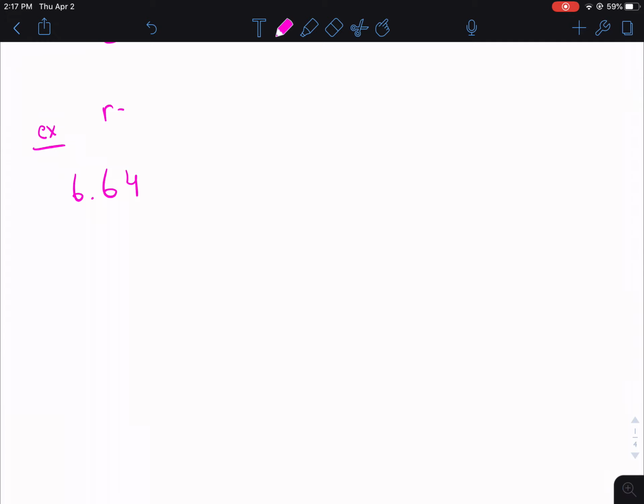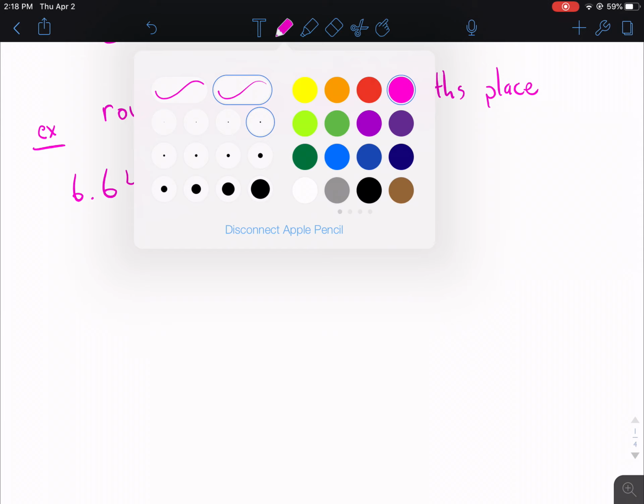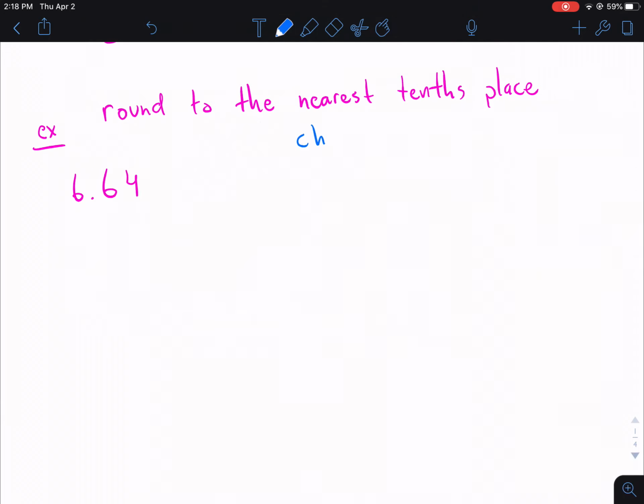If it tells you round to the nearest tenths place, what we're going to do is change the tenths place.